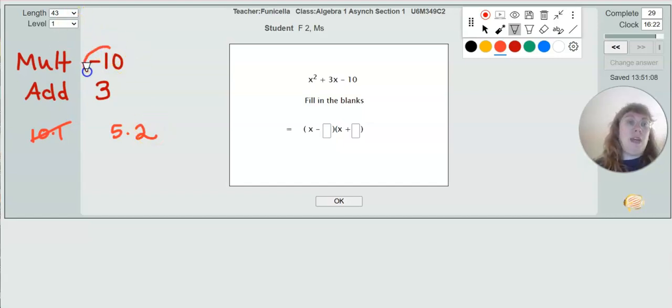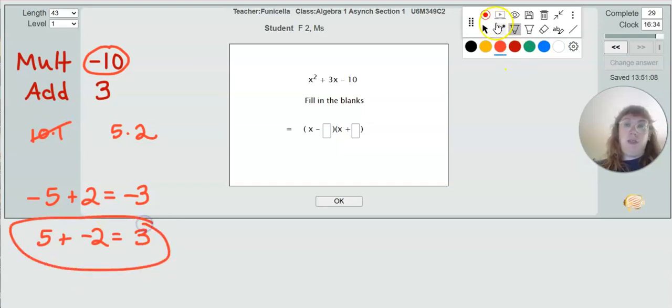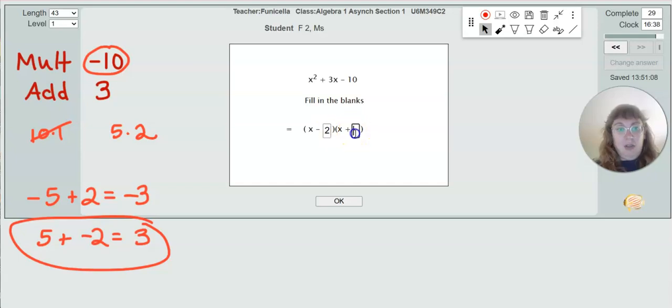We do need it to multiply to this -10. So we need to figure out -5 plus 2 is -3. But 5 plus a -2 gets us +3. So that's the one that we want. So we want a -2 and a +5. Beautiful. Go ahead and hit OK.